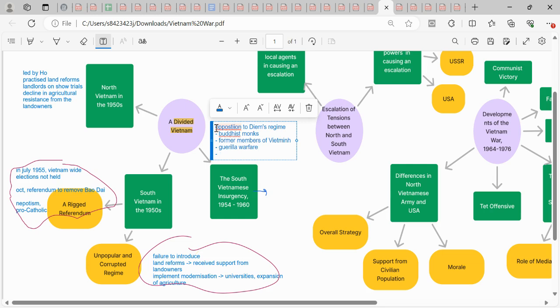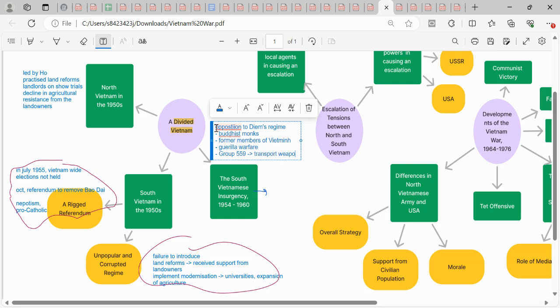Other key developments in this time period, May 1959, the setting up of Group 559, which was a specialized unit of the North Vietnam Army, whose job was to transport weapons, basically a supply infrastructure.